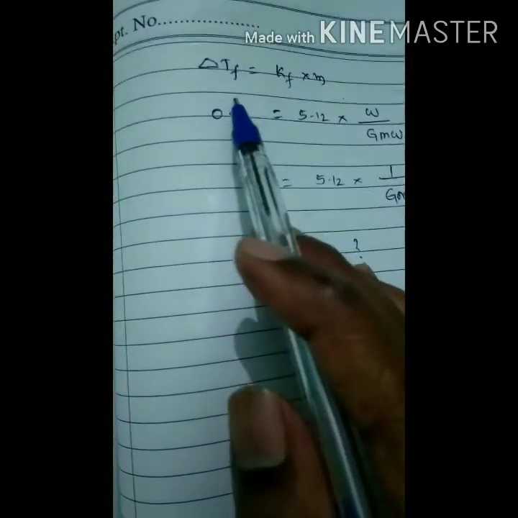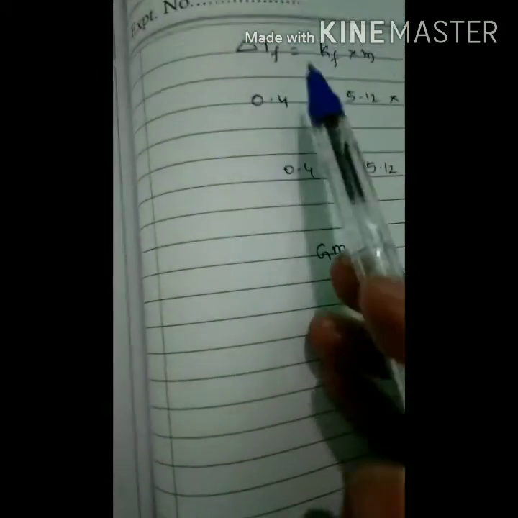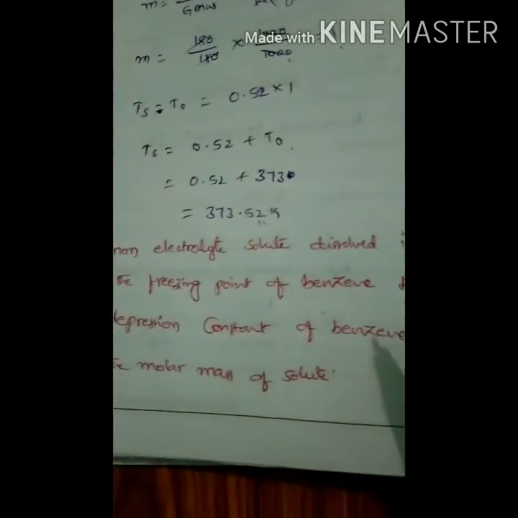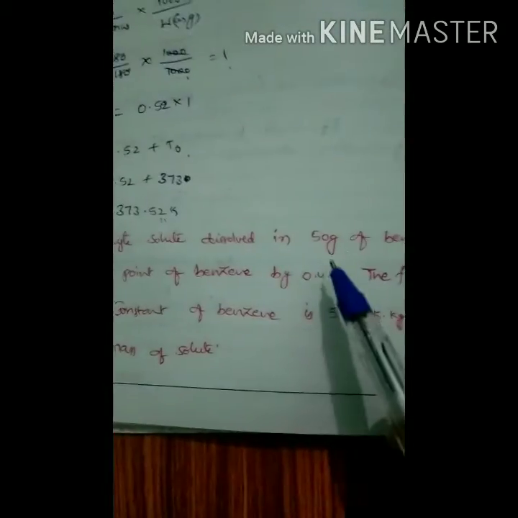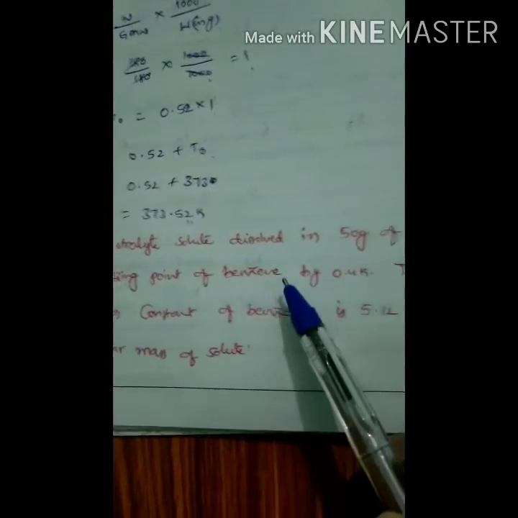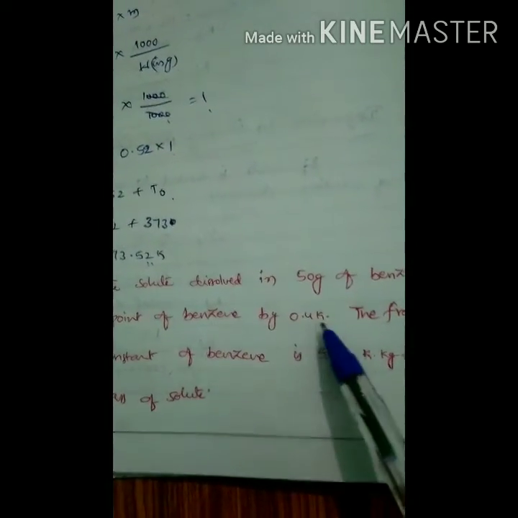We know delta Tf equal to T naught minus Ts, but in this case using that is no use, because in this question the freezing point of solvent and the freezing point of solution are both not given. What is given? After adding solute to solvent, its freezing point is lowered by 0.4 K. That means indirectly delta Tf is given.